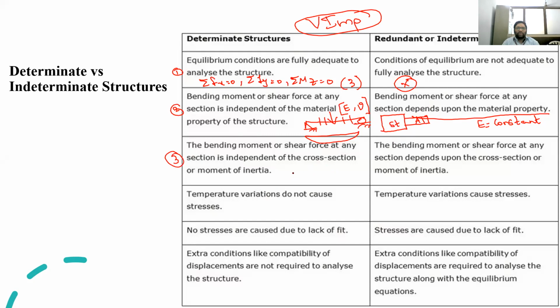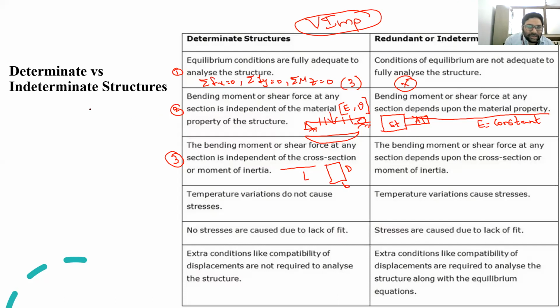When you take a beam, the beam length will be L, but the cross section of the beam will have width and depth. Correct? Every beam. All of you can see, where you are sitting right now, if you try to see any beams, that beam will have length, depth and width.